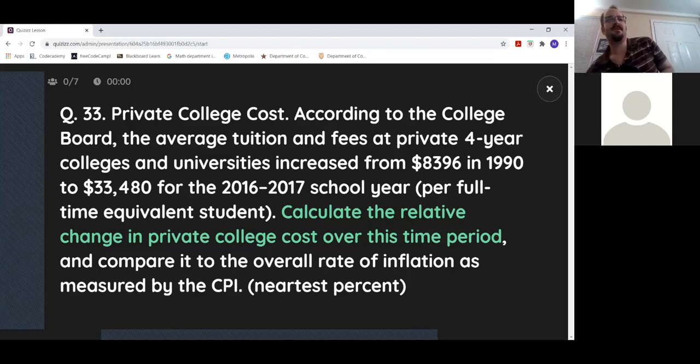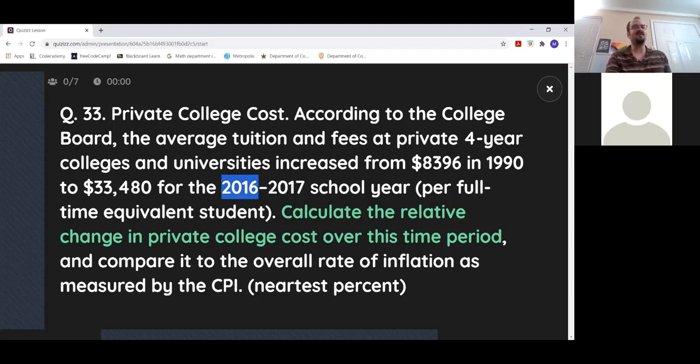We have two questions that are very, very similar. Number 33 and 34. I think 33 is about private college cost, and 34 is about public college cost. If we look at private college cost, according to the College Board, the average tuition and fees at a private four-year college and university increased from $83.96, this is in 1990, to $33,480 for 2016-2017.